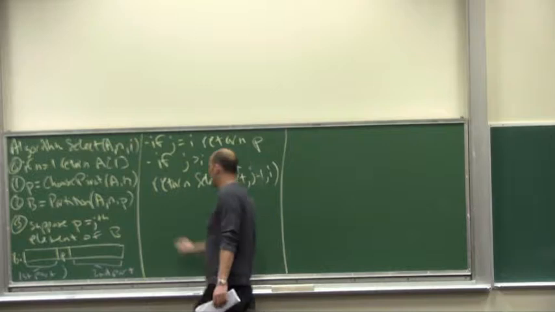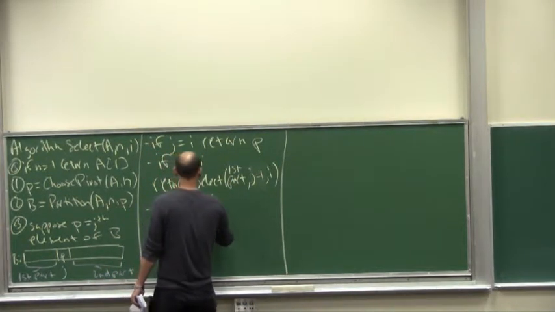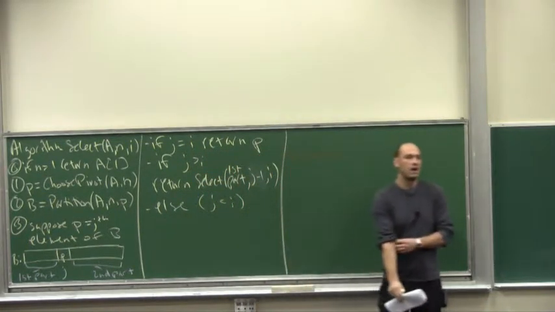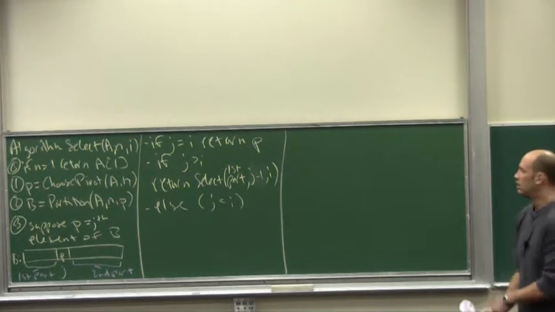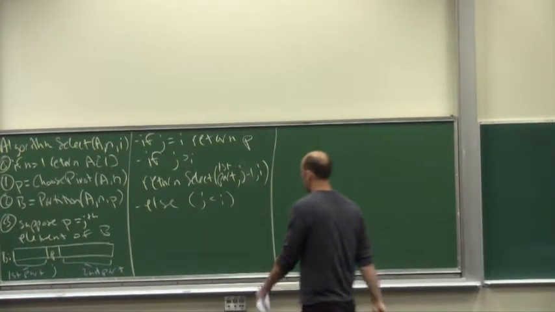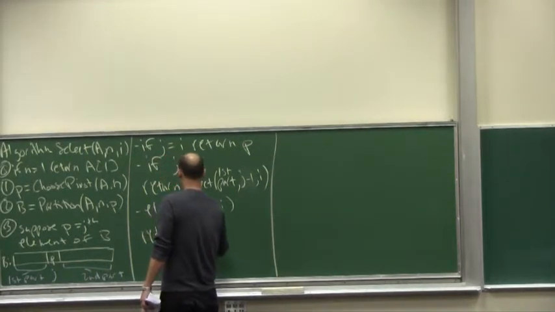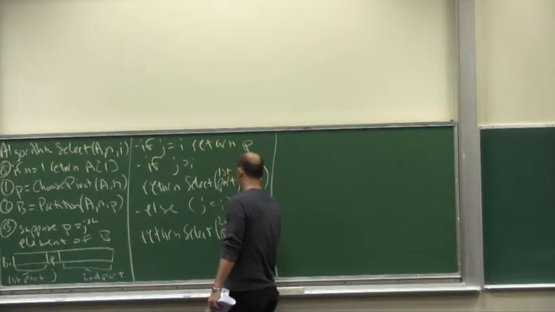Final case. It comes back too small. Okay, we want the ith order statistic, and we found the jth one for j less than i. What side do we recurse on? Second part. And what's the length of that array? n minus j.